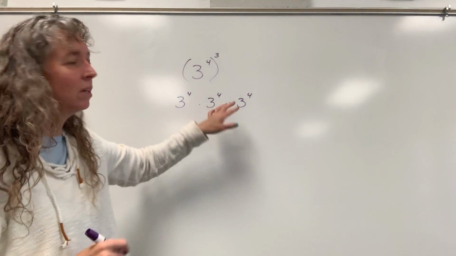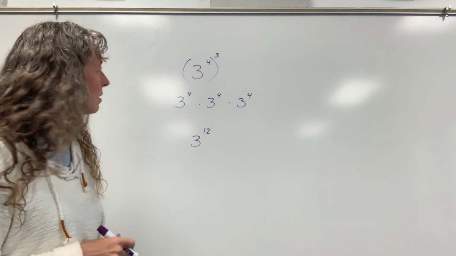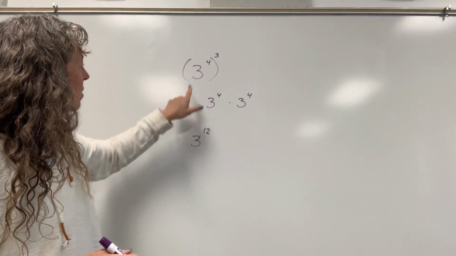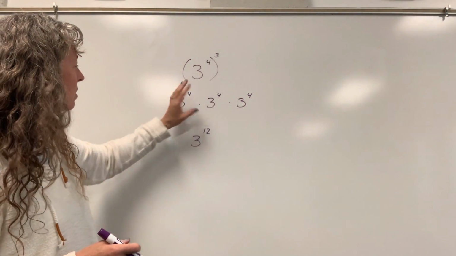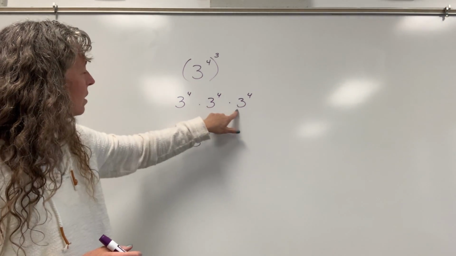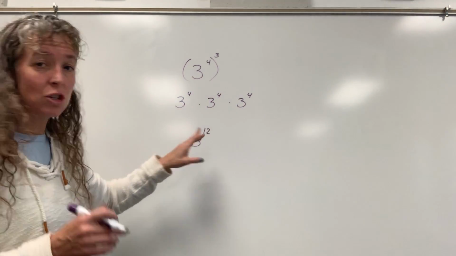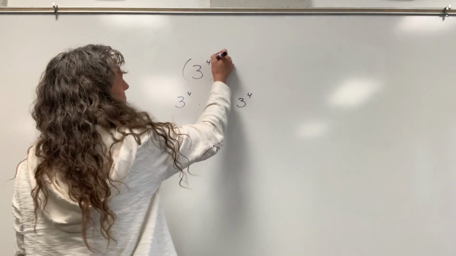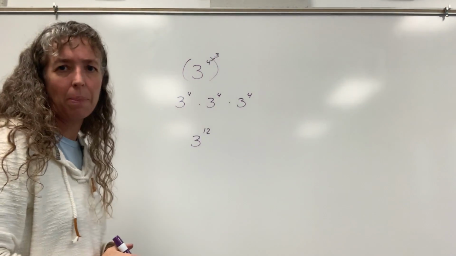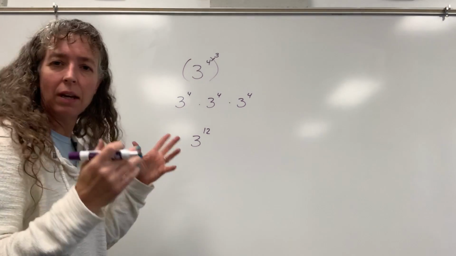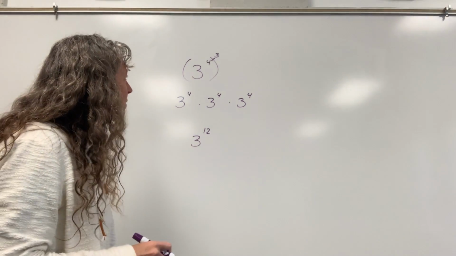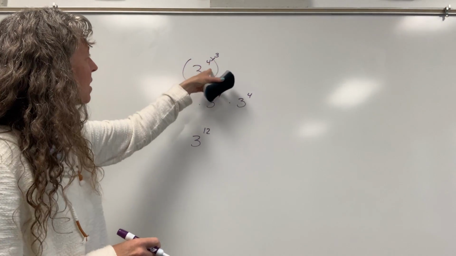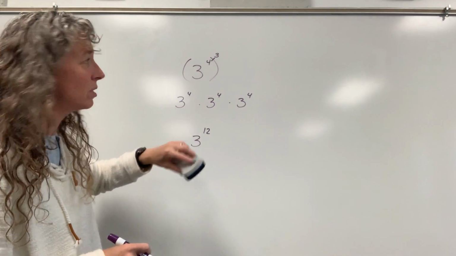I broke it down long so you could see what it meant. It means I have 3 to the 4th 3 times. And we just learned when our base is the same, we just add our exponents. So the shortcut is multiplying these two exponents. 4 times 3 is 12, and I could be done. So if you have parentheses with exponents inside and outside, you multiply them.